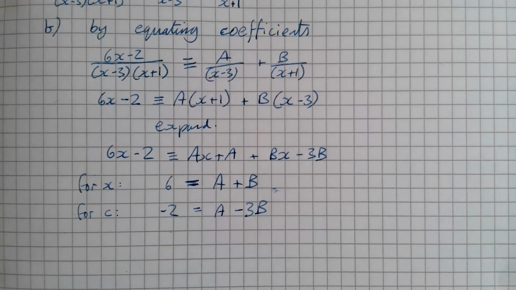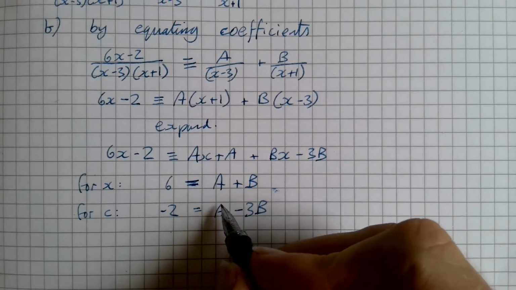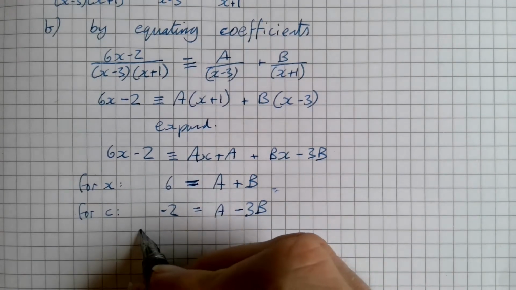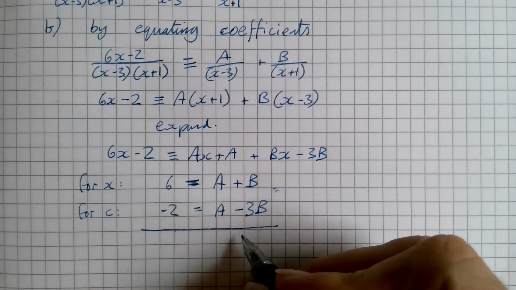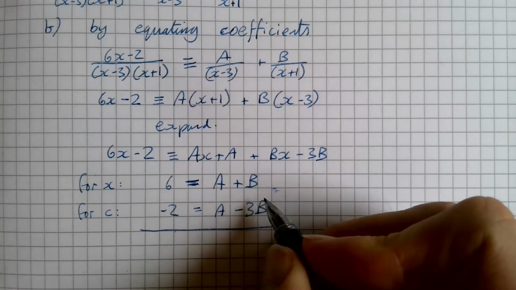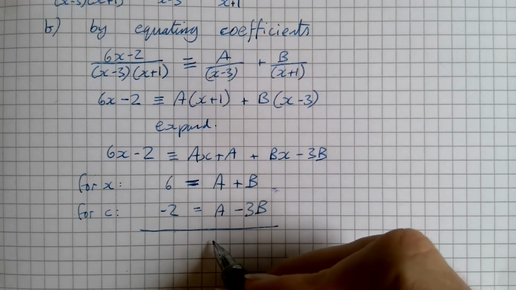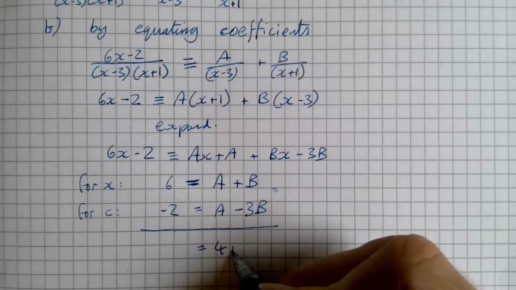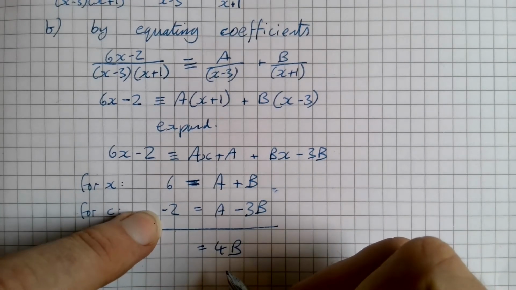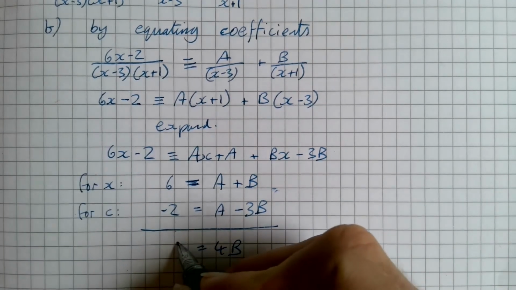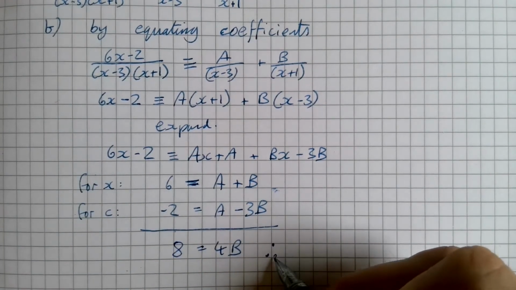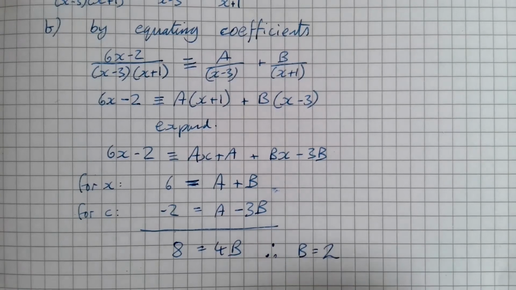And what have we got here? We've got a simultaneous equation. Now if I take the bottom one from the top one, I get no a's at all. 1b take negative 3 will be adding 3, won't it? Will give us 4b. Taking negative 2 means adding 2 to 6 to give us 8. Therefore b is equal to 2.